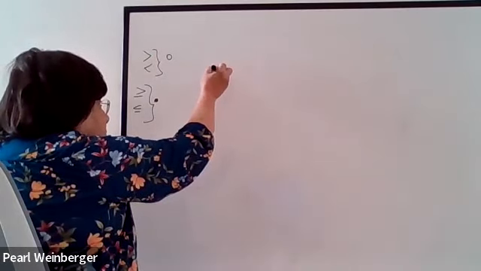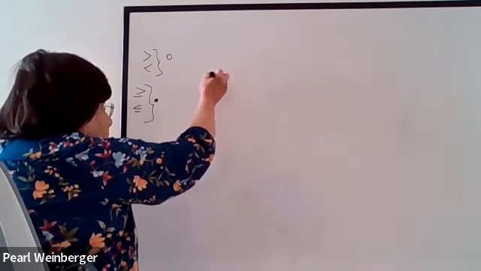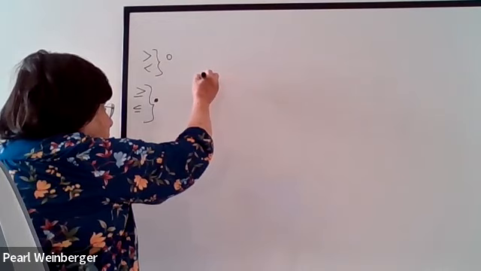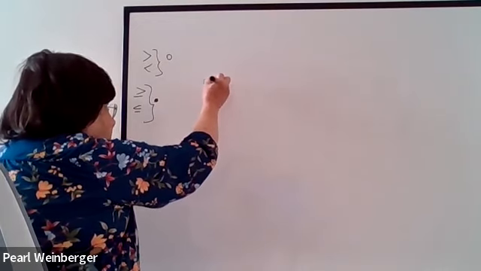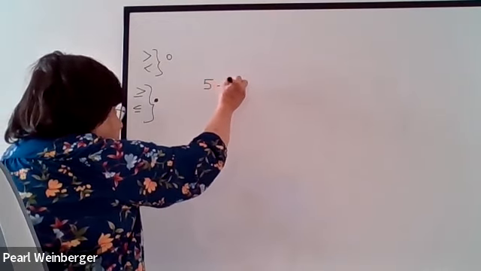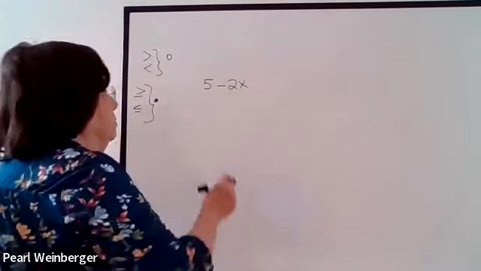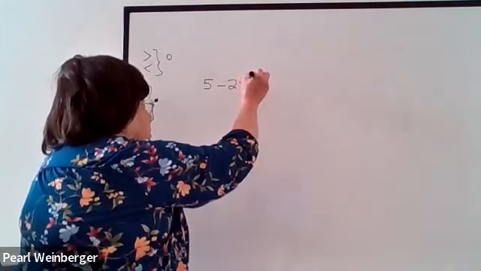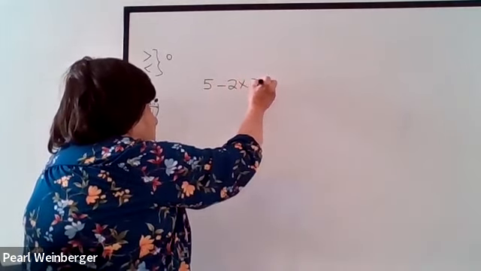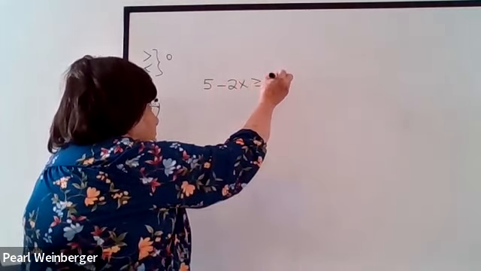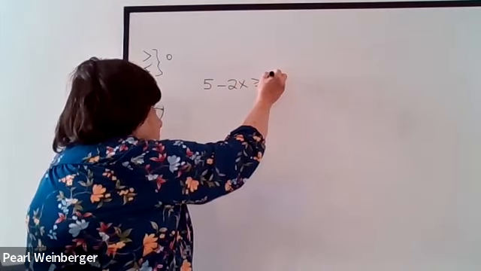Suppose I give you five minus 2x is greater than or equal to 17.